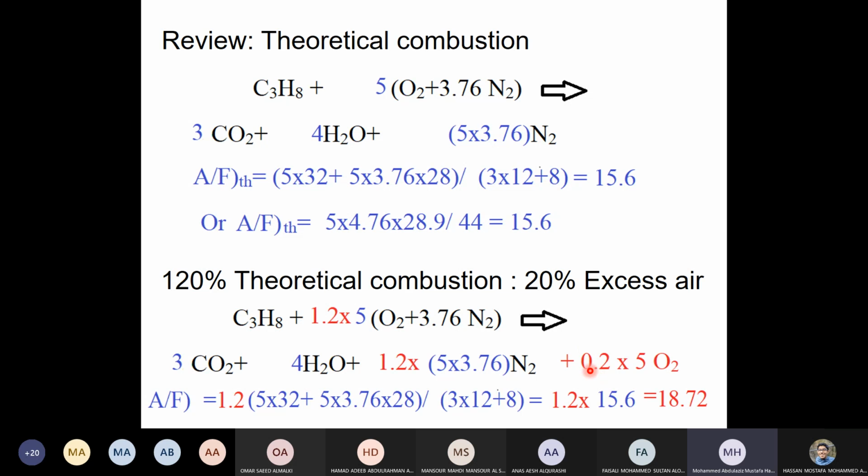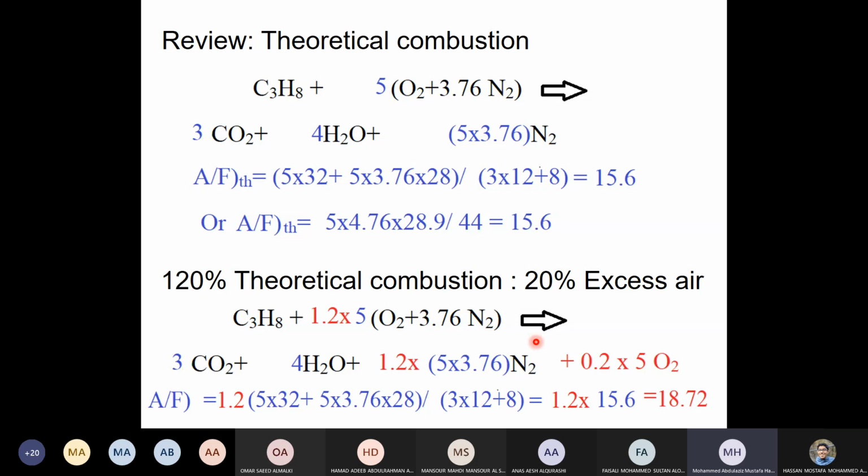This is not correct, because I used 1 here and the remaining is 0.2. So I have to write 0.2 here. Some other students forget the 5 here. You should write 5 here because this is 0.2 multiplied by 5. So these are the only mistakes that some students make.